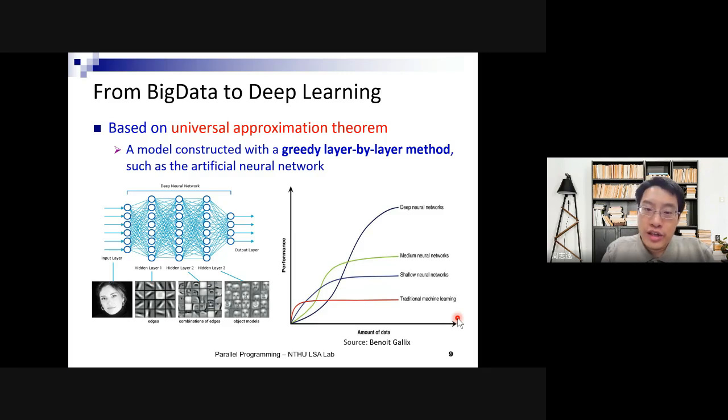As you know, deep learning is specifically a learning method based on a technique called the neural network. So you use the neural network architecture to learn the decision from the data.